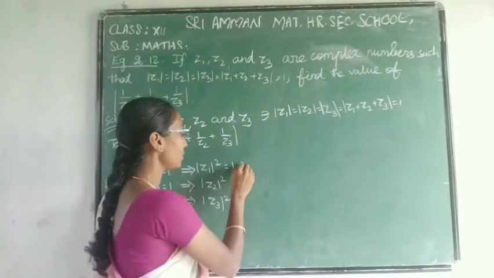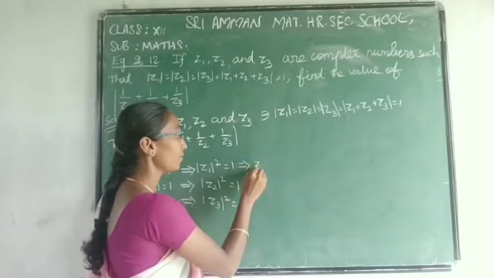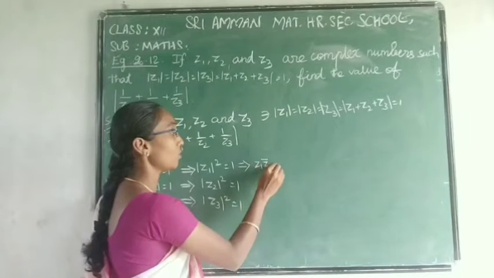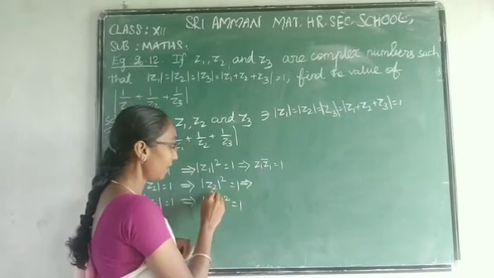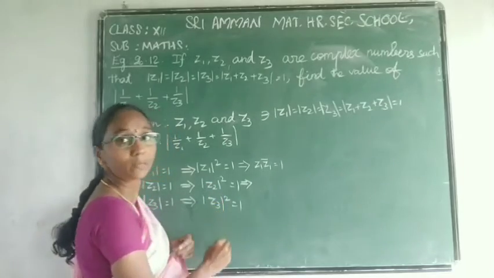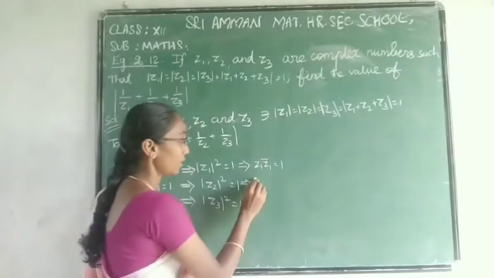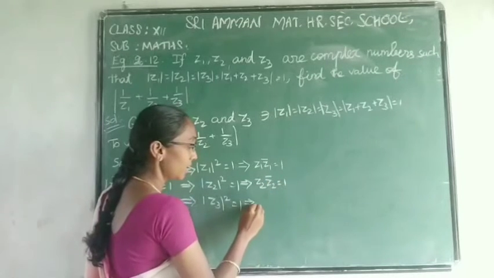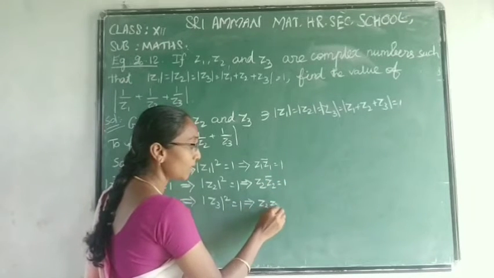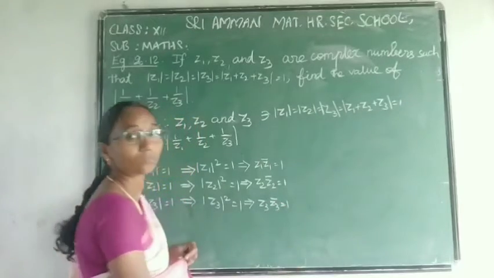You can see this property in your book. So the modulus of Z1 squared is written as Z1 into Z1 bar equals 1. In the same way, for modulus of Z2 squared and modulus of Z3 squared, we write Z2 into Z2 bar equals 1, and Z3 into Z3 bar equals 1.